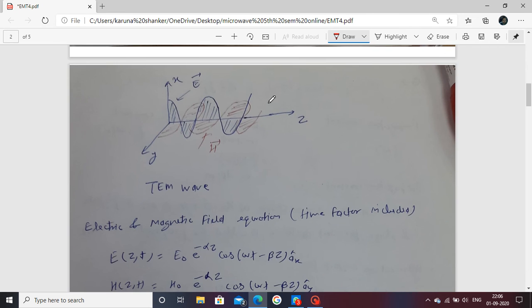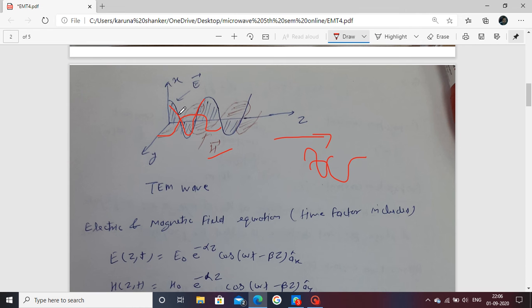This diagram shows the wave traveling in the z direction. The electric field is the blue line, and the magnetic field is the horizontal one, while the electric field is vertical.